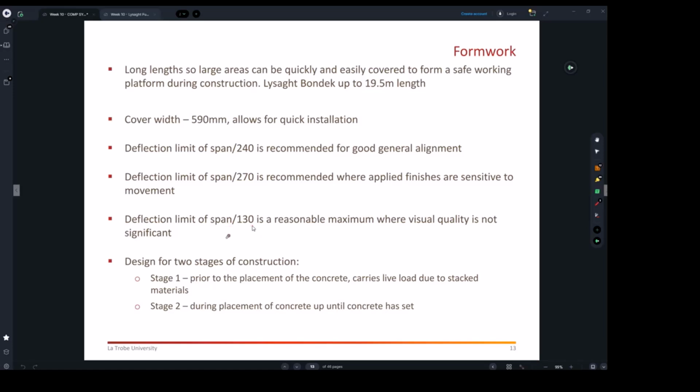They will happen because the bonding itself is going to flex as you place the wet concrete on top of it, and then as it gets harder, that flex is going to stay permanently with such a profile. So if you're not worried about the visual appearance of the flexure, you can go as low as 130. That means the deflection you would expect is going to be higher.